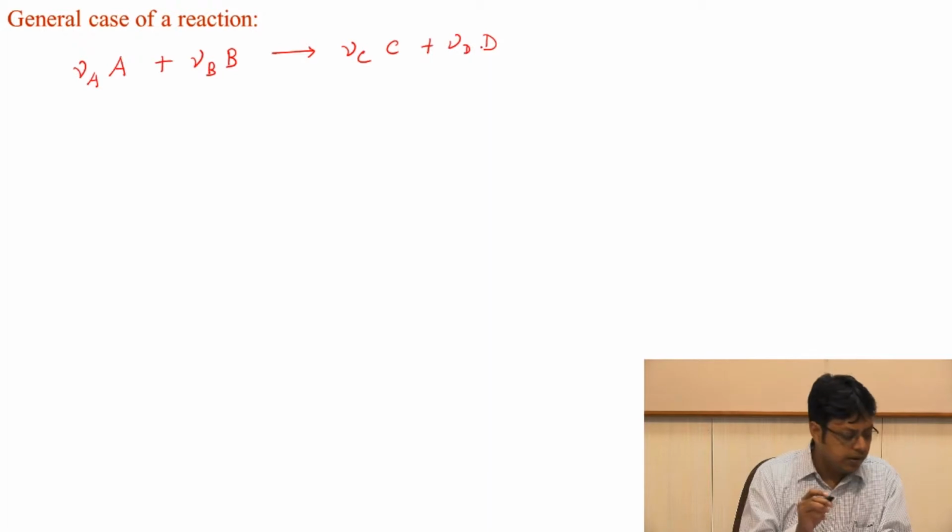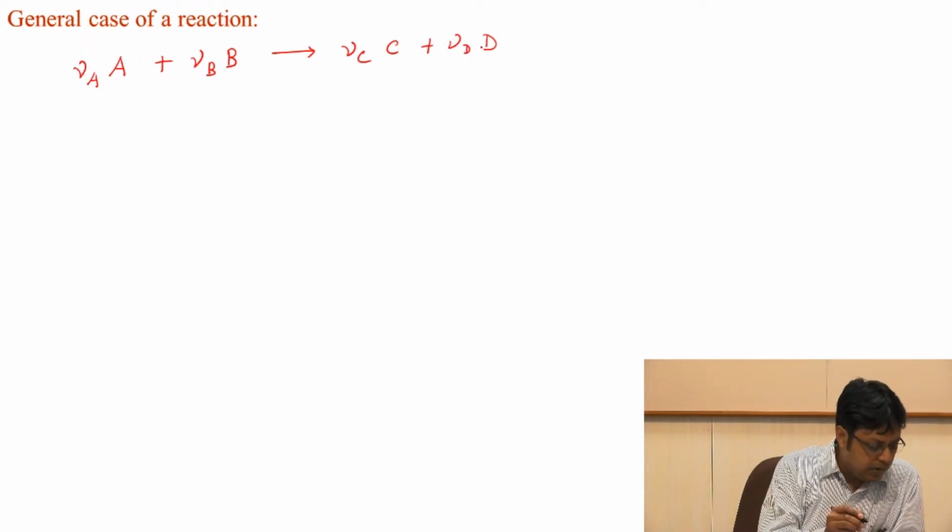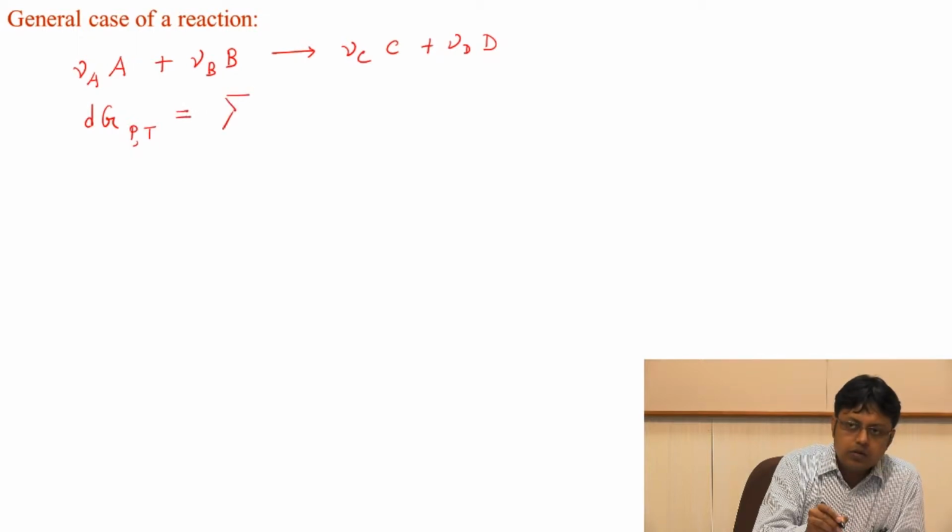Now, as before, you can write the dG, or the change in Gibbs free energy. We are not writing the minus SdT plus VdP term, so we are right away writing the constant pressure and temperature term, and that will be the sum over all the constituents i of mu i dn i, something like we started with.